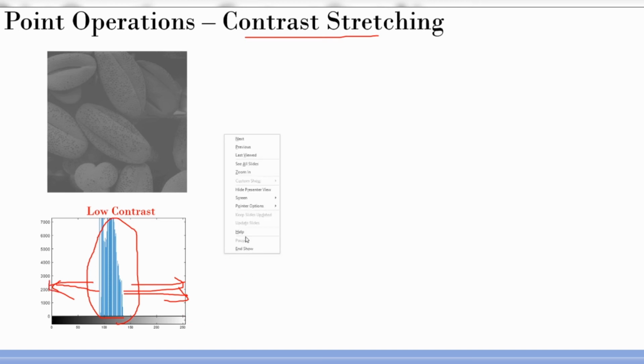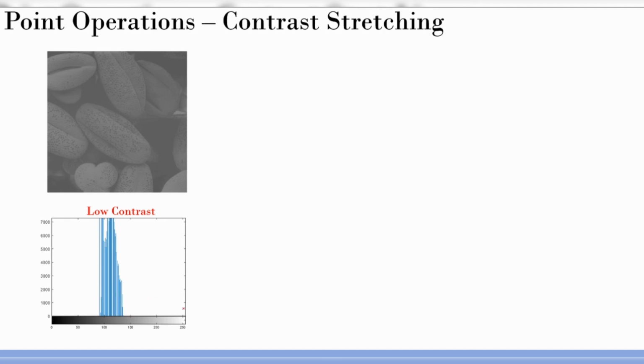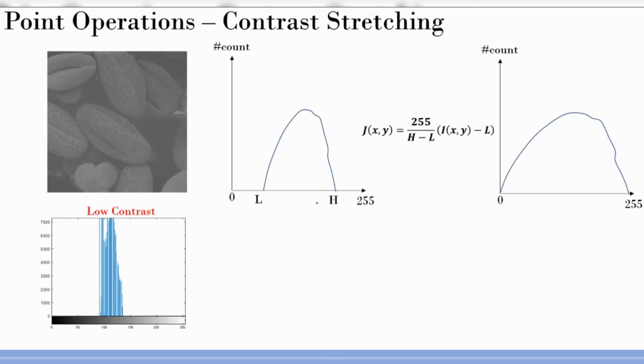So how shall I do that? Very simple, right? You just need to stretch the minimum to 0 and the maximum to 255. That's all you need to do. So this is your original: some low value and some high value is your intensity range, but the original expected dynamic range is 0 to 255.